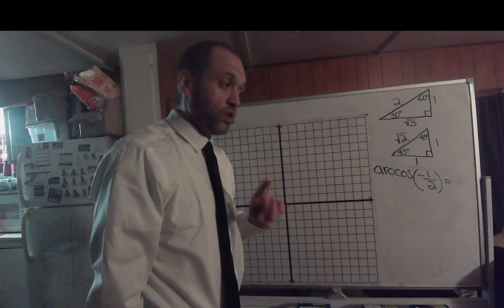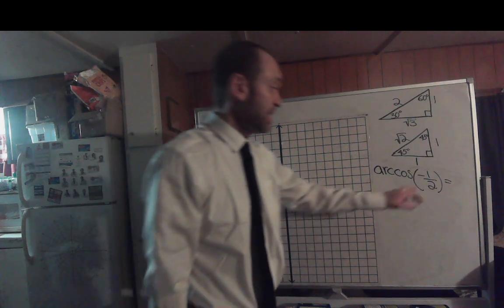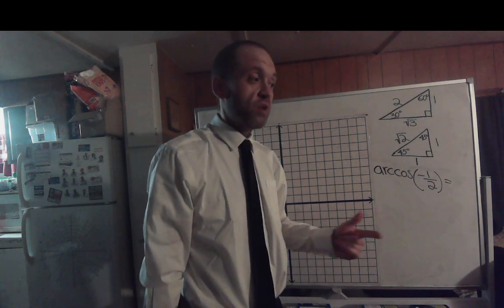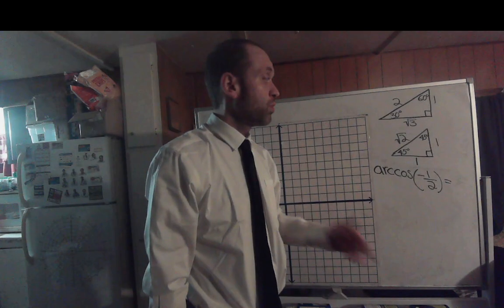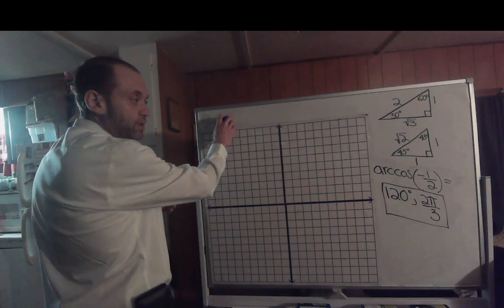However, the range of the arc cosine function is 0 to pi. Since you have a negative, you're going to be in the second quadrant. So you're working with a 60-degree reference angle. If you take that away from 180, you get 120 degrees, or 2 pi over 3 radians. So that would be your answer.